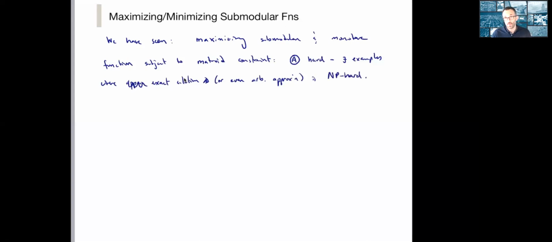So we saw that. But on the flip side, we also saw that greedy gives a 1 minus 1 over e approximation for maximizing subject to a uniform matroid constraint. And we saw that this is best possible.